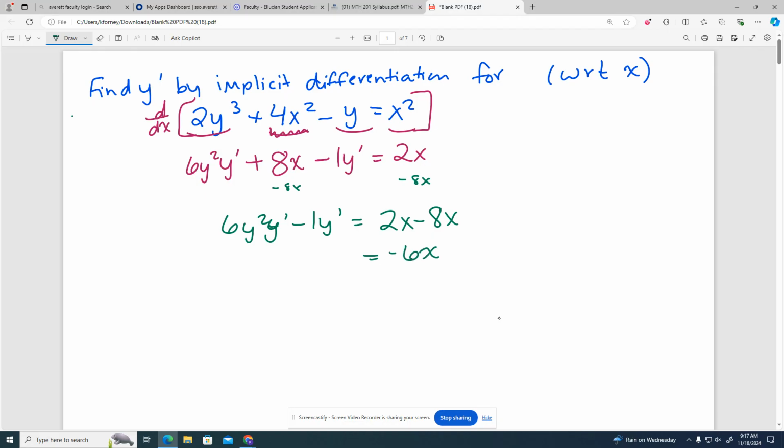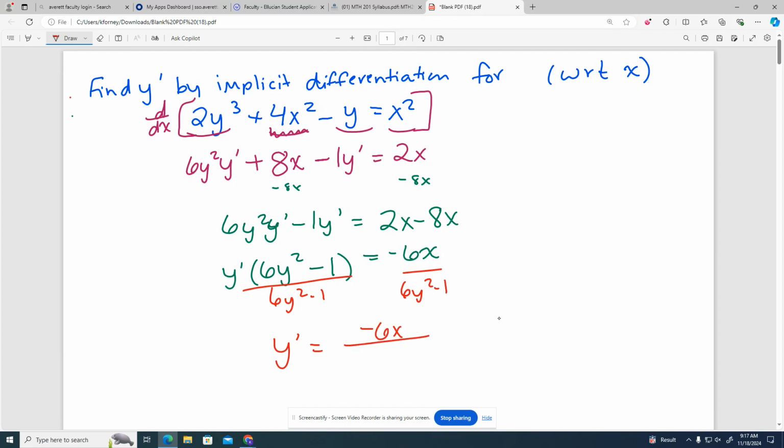I can also factor out a y prime, which would be 6y squared minus 1. Now, divide by the 6y squared minus 1. So y prime equals negative 6x over 6y squared minus 1.